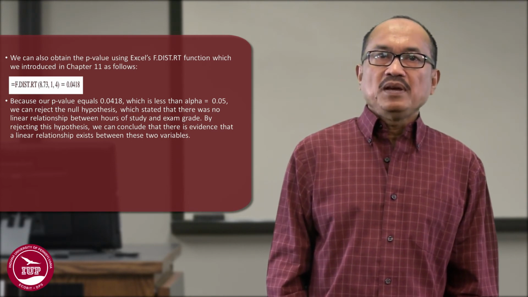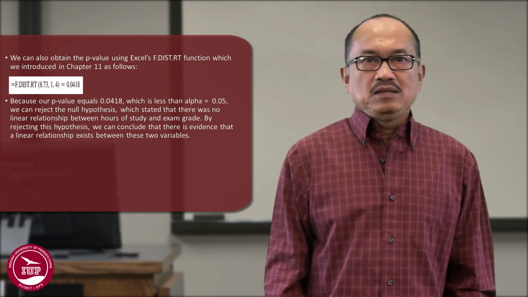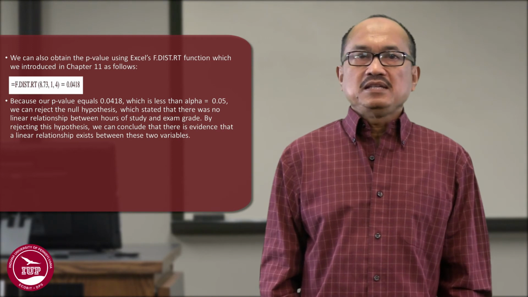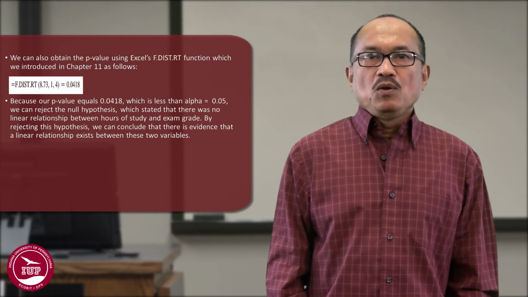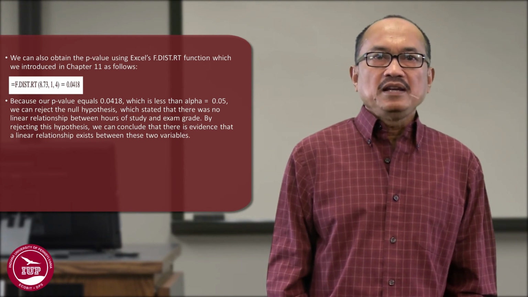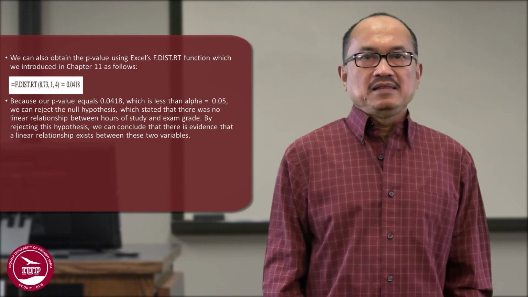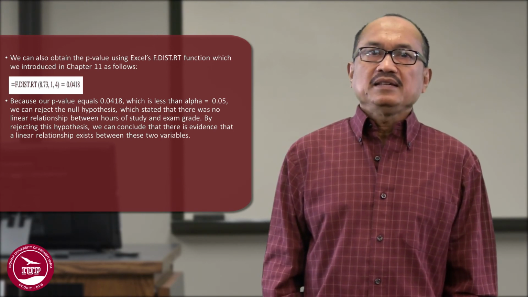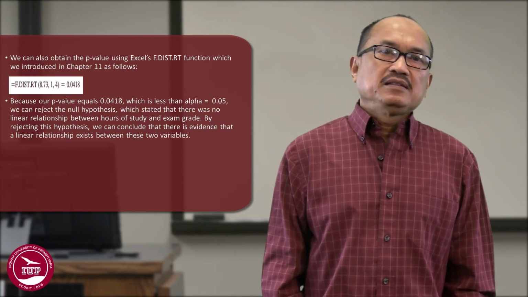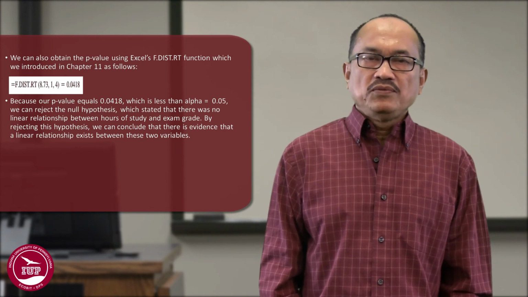Because our p-value equal to 0.0418 is less than alpha 0.05, we can reject the null hypothesis, which stated that there was no linear relationship between hours of study and exam grade. By rejecting this hypothesis, we can conclude that there is evidence that a linear relationship exists between these two variables.